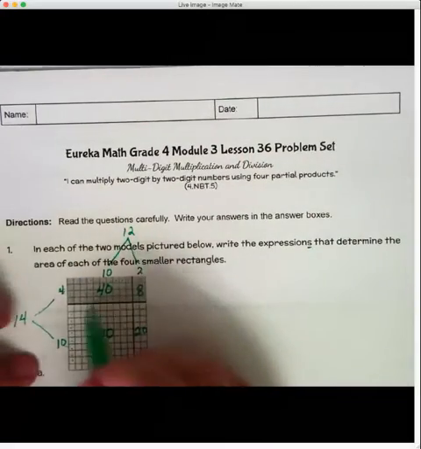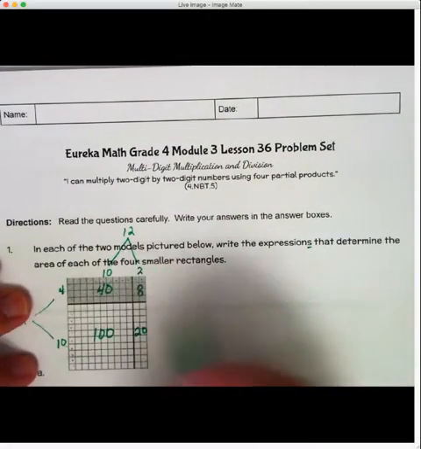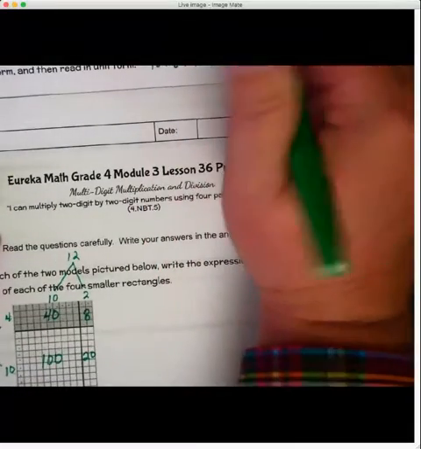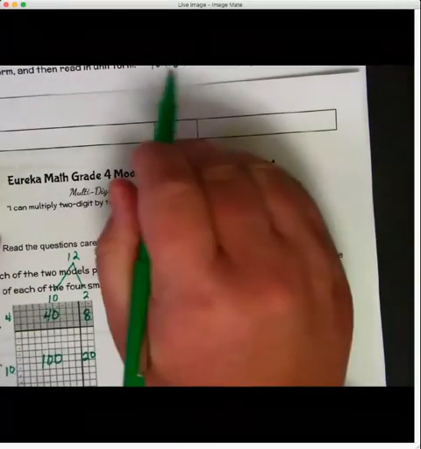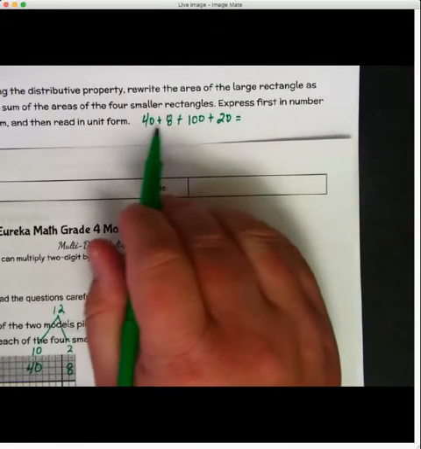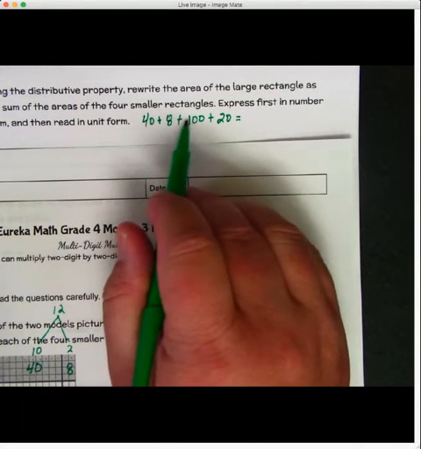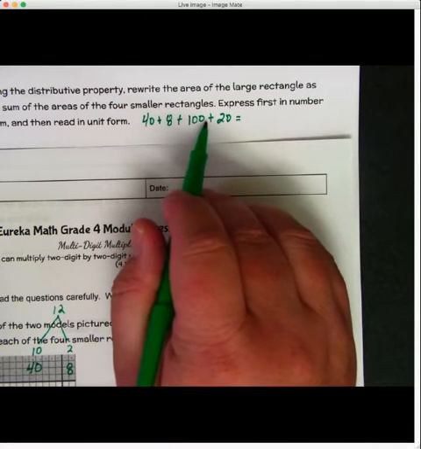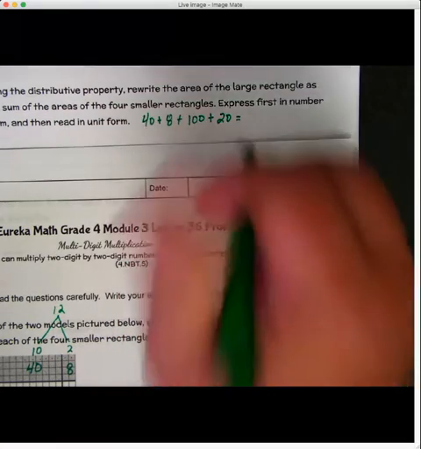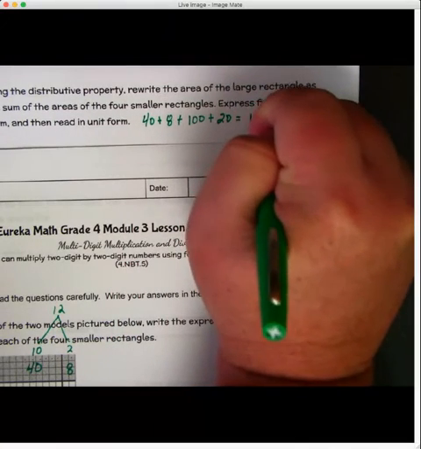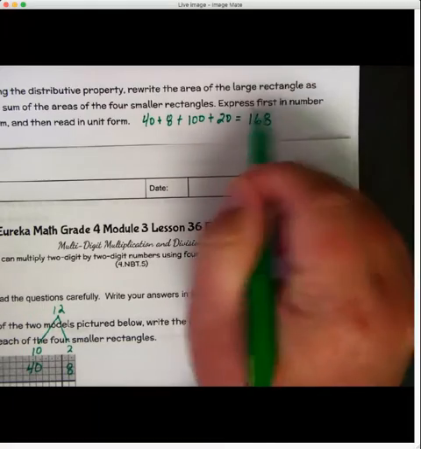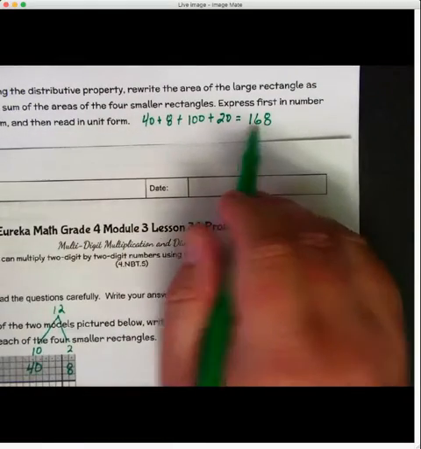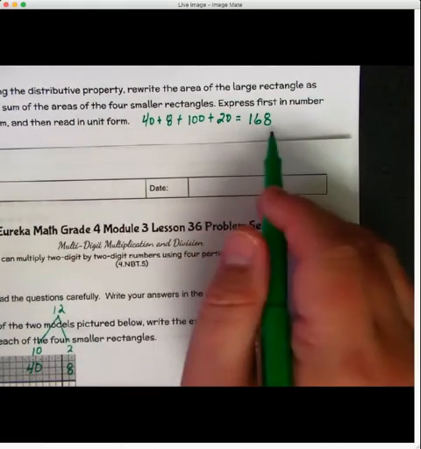So once we multiply all these numbers together, we're going to add them together to find the area. So we've got 40 plus 8 is 48, plus 100 would be 148, plus 20 more would be 168.